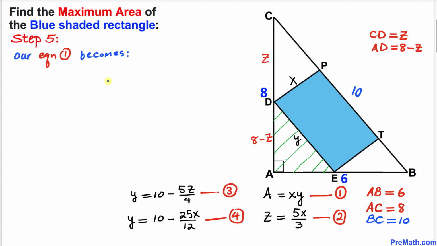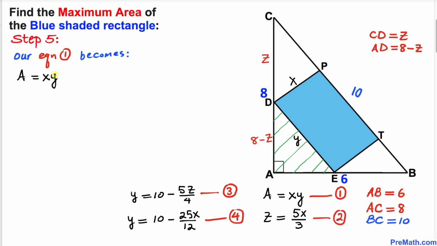And here's our next step. Let's focus on our equation 1 right up here. And here I have copied it down. Let's replace this y by this quantity in equation 4. So therefore, this area is going to be equal to x times, I am going to replace the right hand side, 10 minus 25x divided by 12.